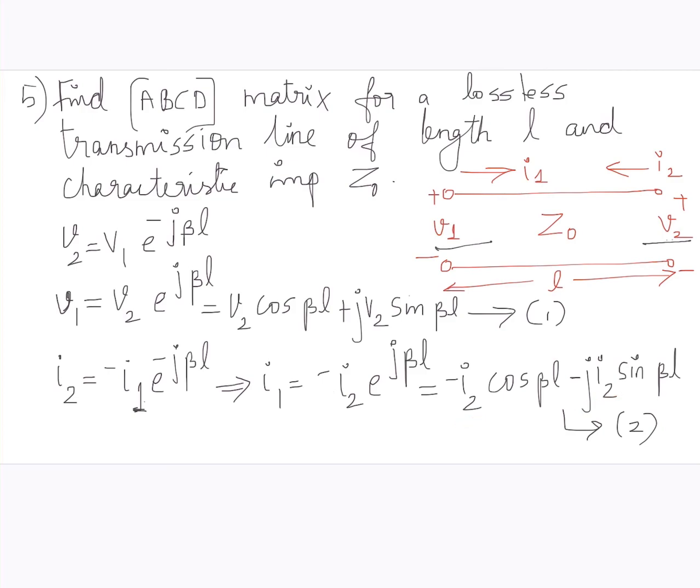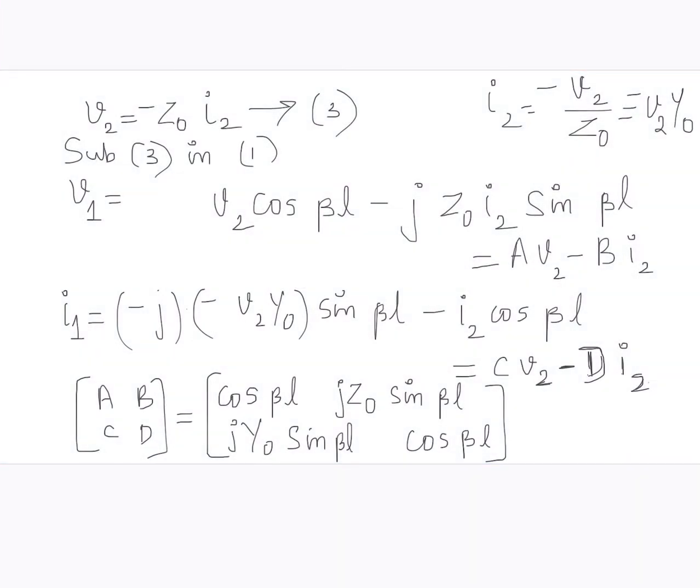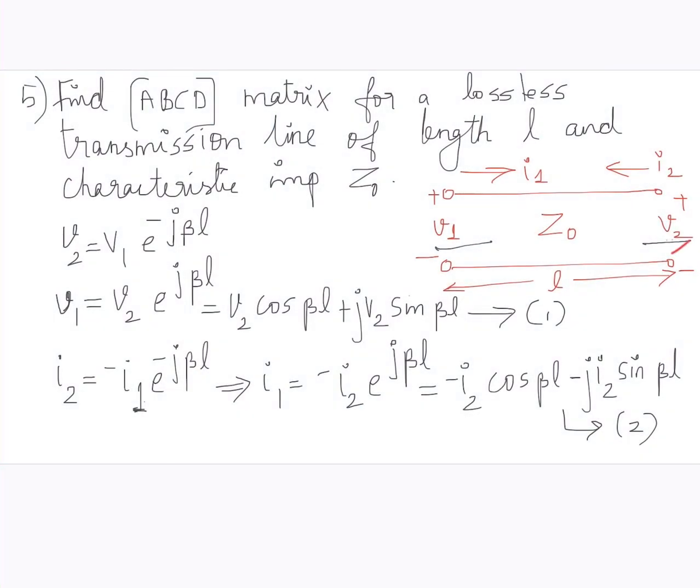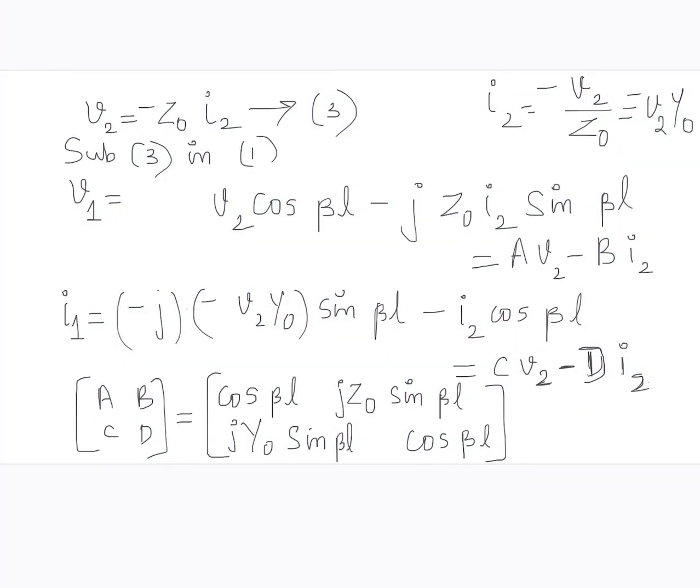These terms have to be written in the general ABCD parameter matrix form, so that we can find out what the ABCD matrix will be. From the diagram we can write V2 will be equal to minus Z0 into I2. So substitute this in equation 1.